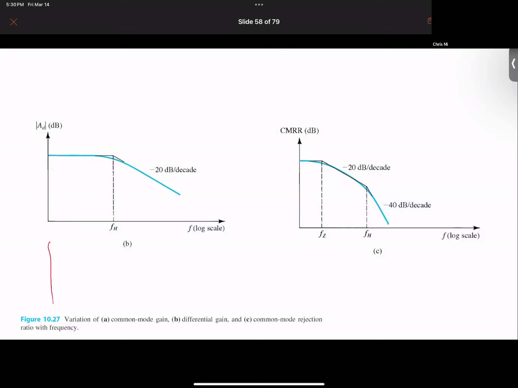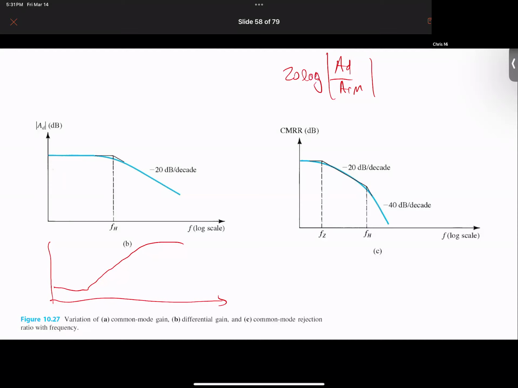See the common mode gain, it looks like this. Right? So if we overlap this together, we use AD over ACM. See what happens? The common mode rejection ratio is AD over ACM, and we take 20 log.